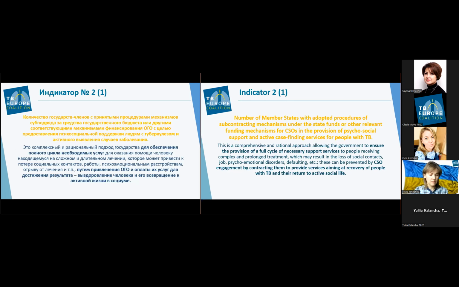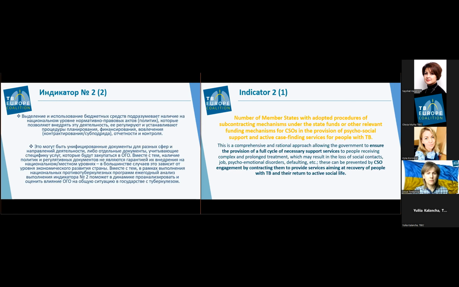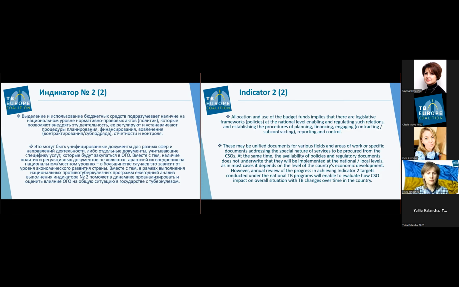So here we are talking about a comprehensive approach to allow the entire cycle of necessary services through the involvement of CSO and payment for their services to achieve the results. And the result here to which we are striving is recovery of people and their return to the active social life.